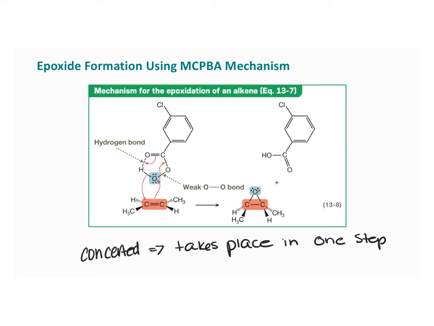Now, this avoids for us a carbocation rearrangement. So no carbocations are formed. There's no rearrangement there. Now, because this epoxidation takes place in a single step, the stereochemical requirements apply that we just talked about.